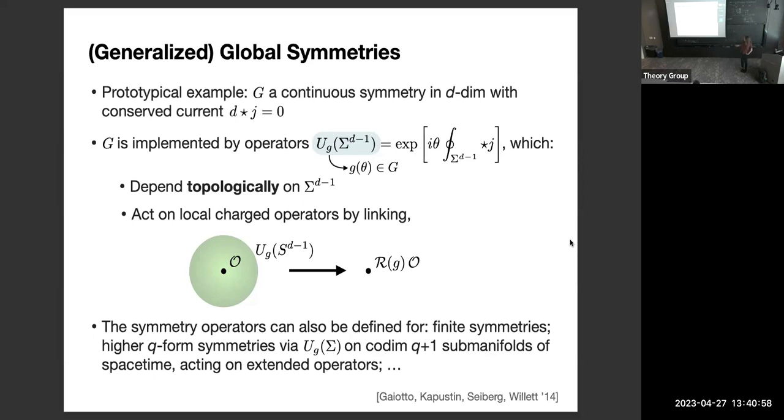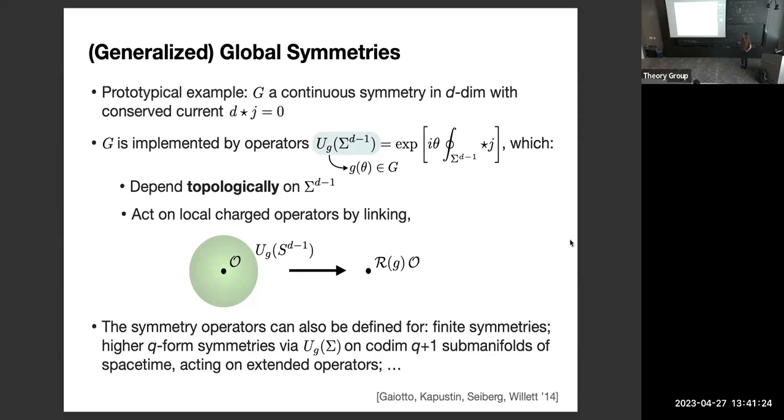I can think about linking my symmetry operator, or topological defect operator, with the charged operator, and in doing so, my operator transforms in the appropriate representation of the symmetry group. This is labeled by the group element.